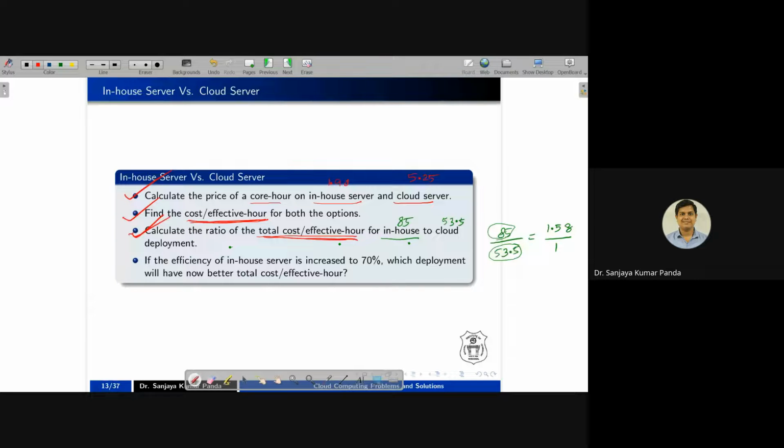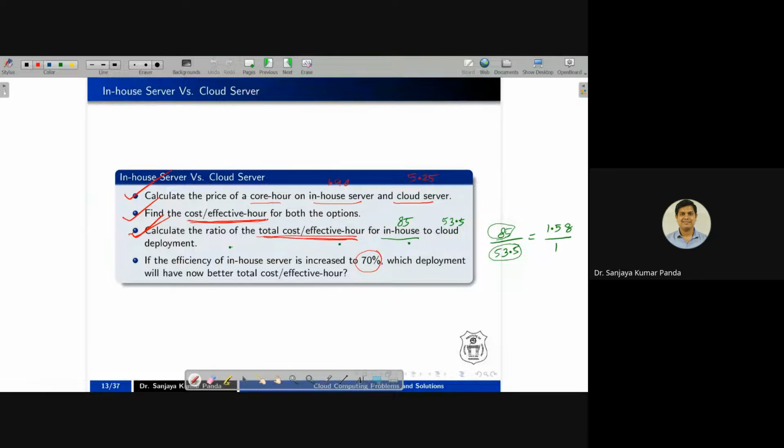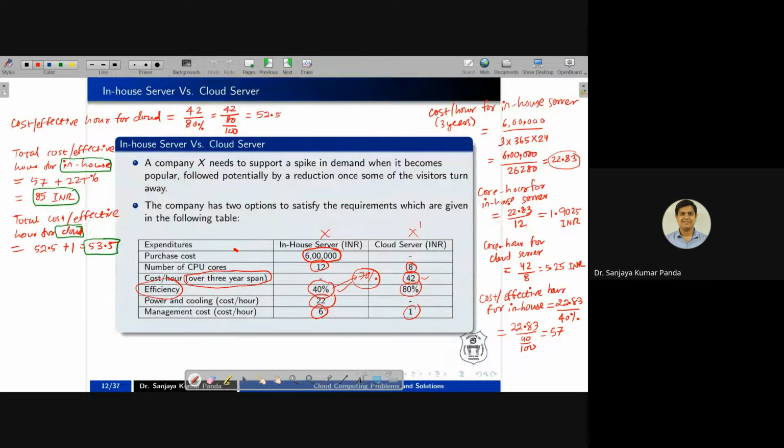The last question says that if the efficiency of an in-house server is increased to 70%, so earlier it was 40%, now let's say it is increased to 70%, then which deployment will have the better total cost per effective hour, cloud or in-house? So how to calculate? You have calculated with respect to 40%.